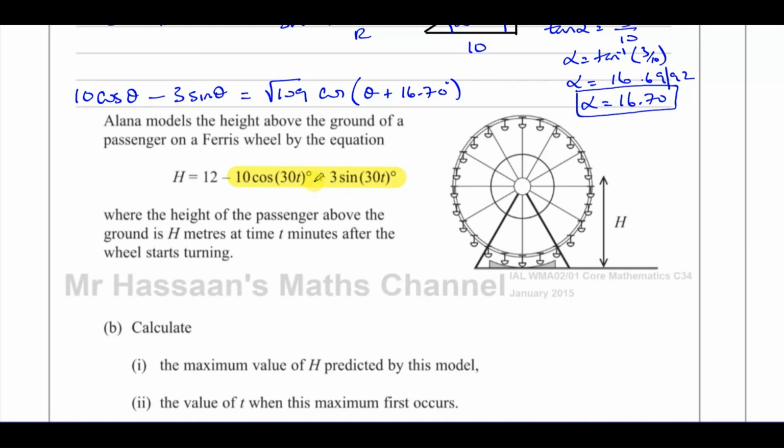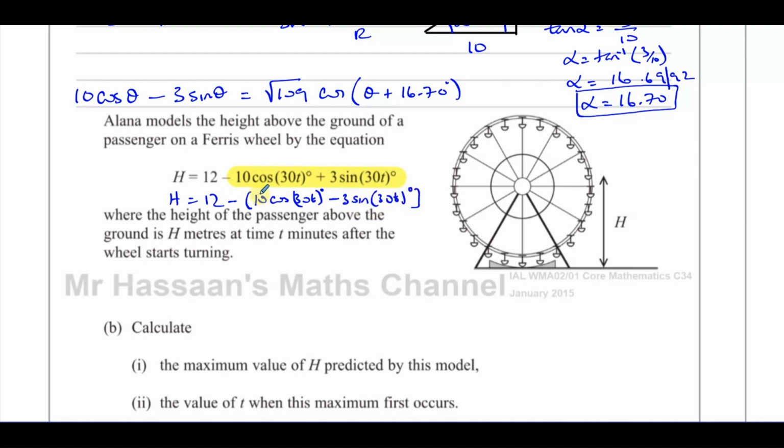However, if you think about it in this way, if you think about it as h equals 12 minus, and you put in brackets, you'll have 10 cosine of 30t degrees, and then you'll have to put a minus here for this to become a plus, 3 sine 30t degrees.